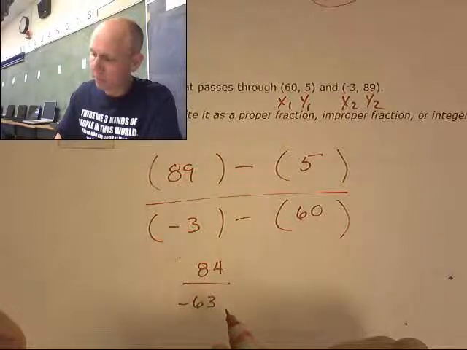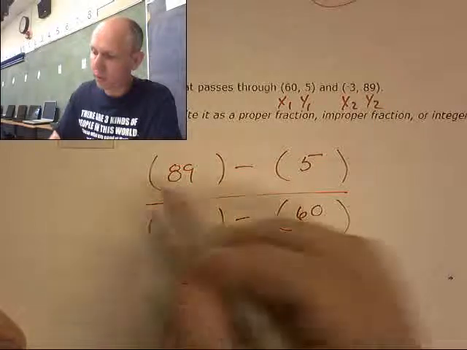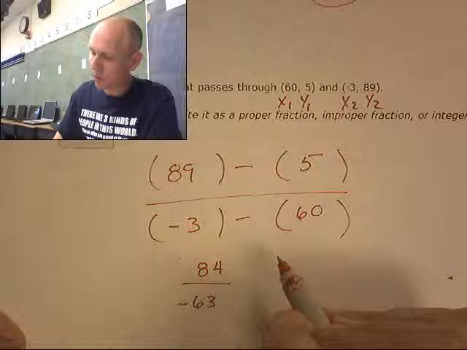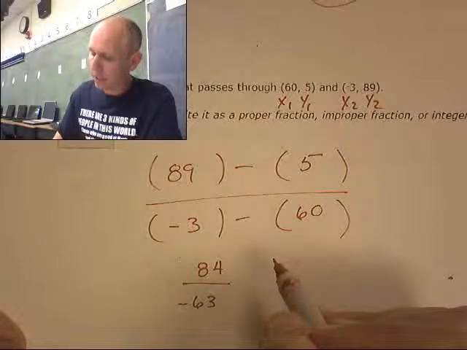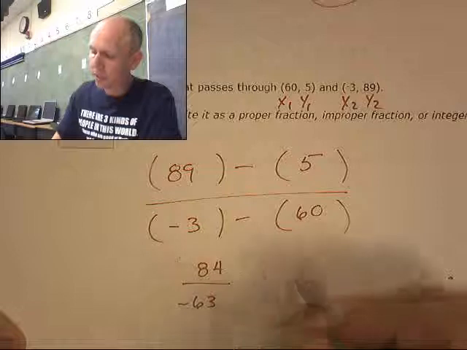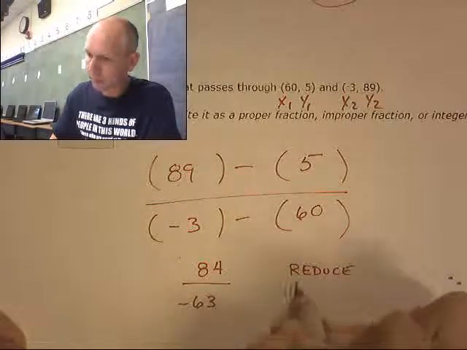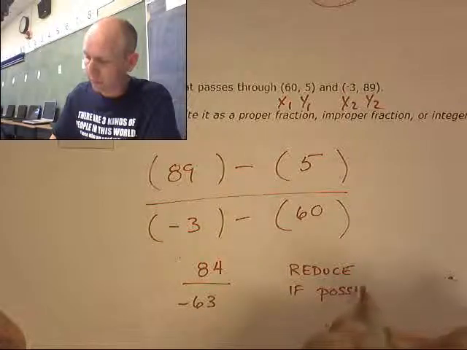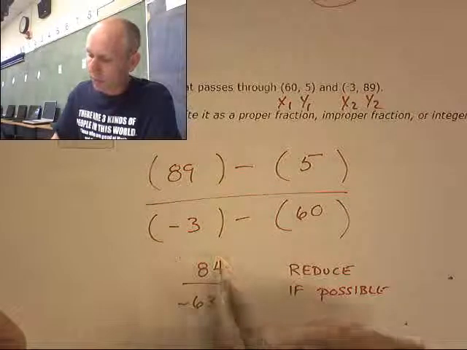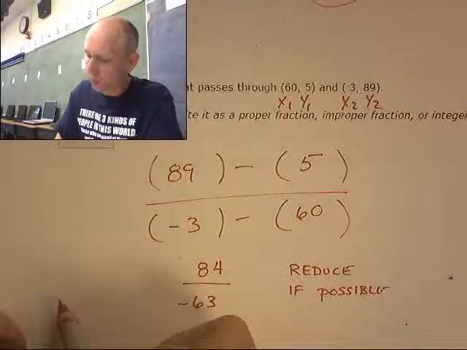Is this reducible? Why do I think this should reduce to something? 63, 7 and 9. If it can reduce, reduce if possible. Let's see, what is 84? That looks like it's a 4 times a 21. There's a 3 floating around in this thing. There's a 3 here, people.